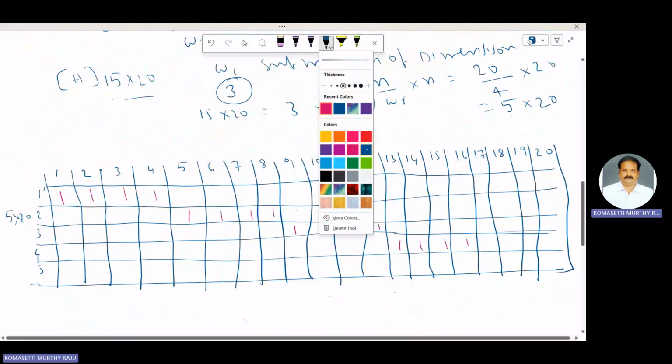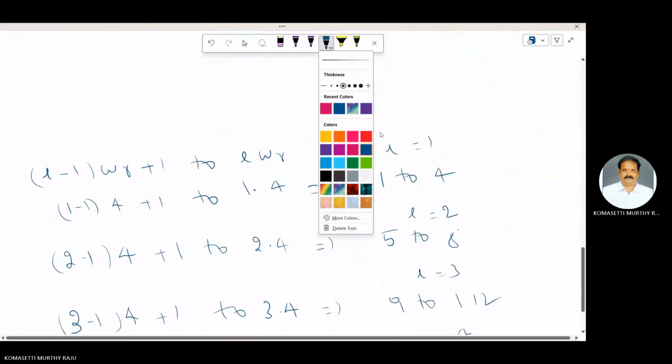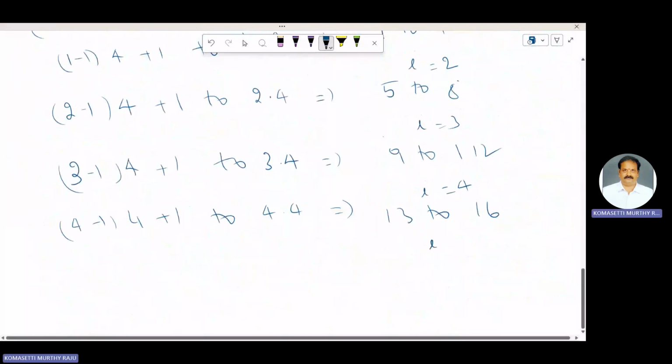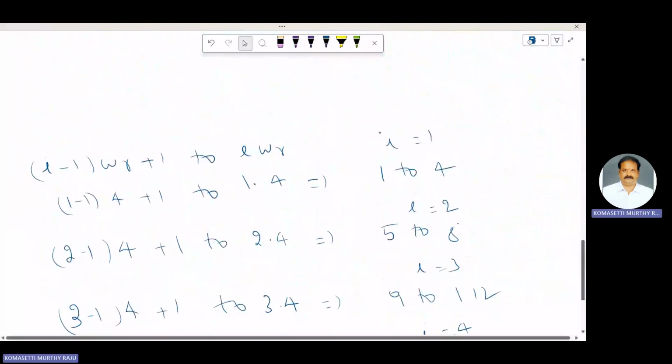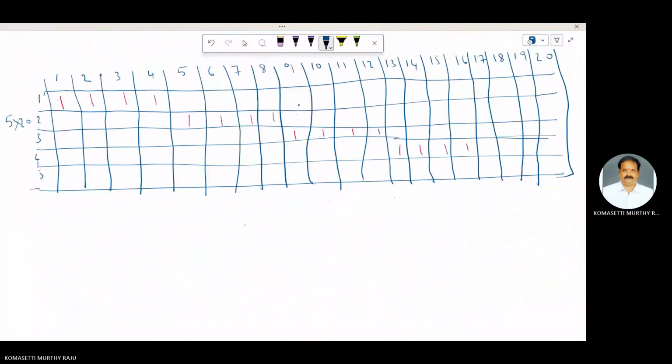Finally, for the last row, I is equal to 5: 5 minus 1 into 4 plus 1 to 5 into 4. 4 minus 16, 17 to 20. 17 to 20, all are ones.